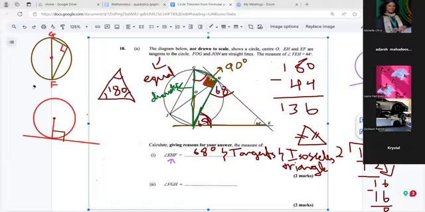But since I wrote it, it makes it easier for me, and that's what you all could do as well. Right, so this angle and this other one right here must add up to 90 degrees. So I take 90 degrees, take away 68, I get 22 degrees. So this piece of angle here is 22 degrees.